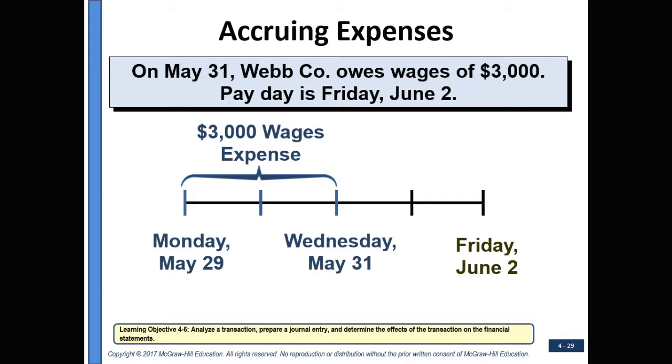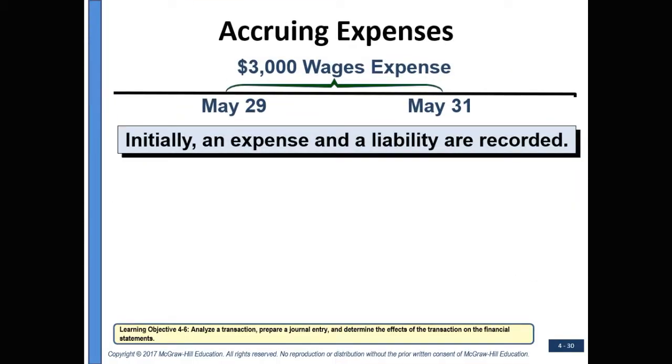Please note that it is not necessary for cash to change hands in order to recognize revenues or expenses. A liability is recorded because on May 31st, the organization owes these wages to employees, regardless of when they will be paid in cash.